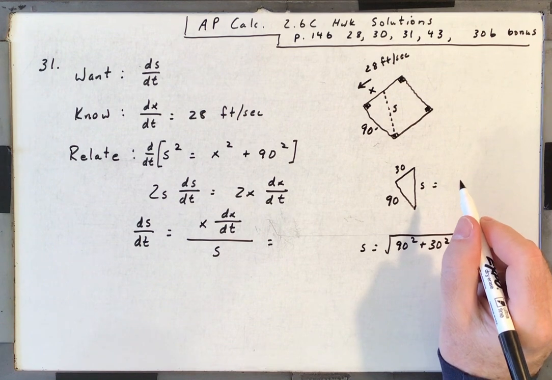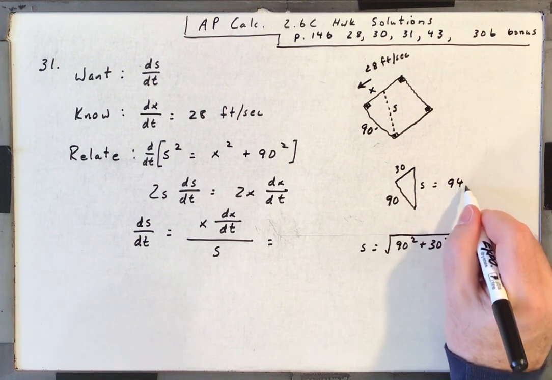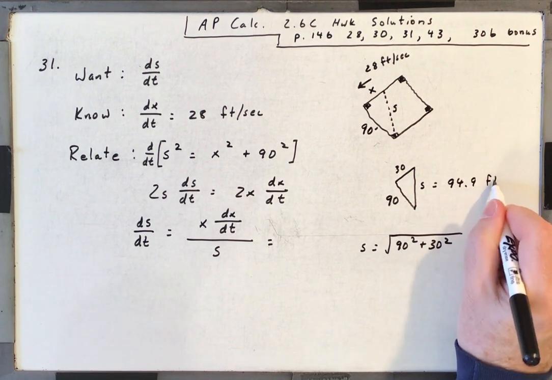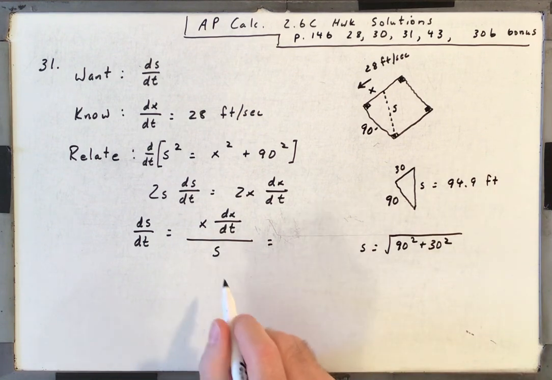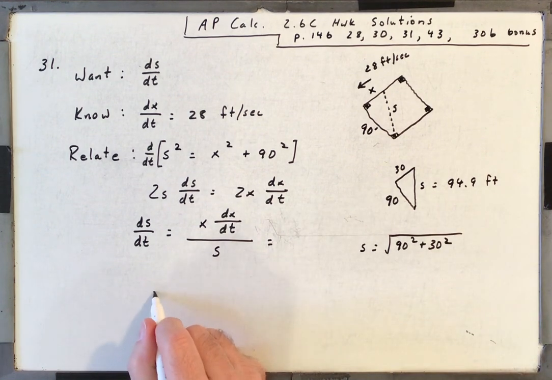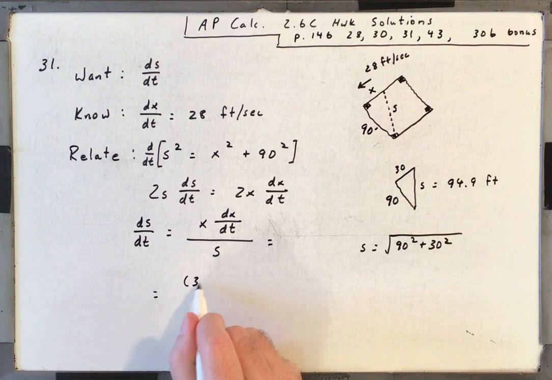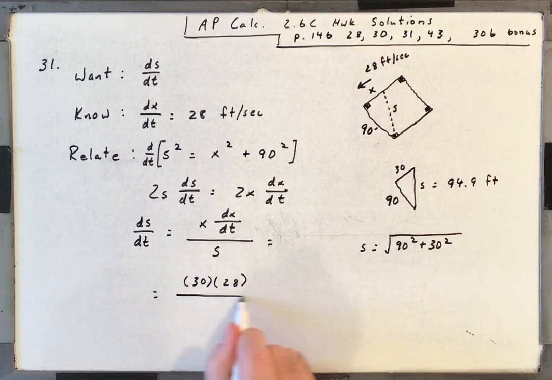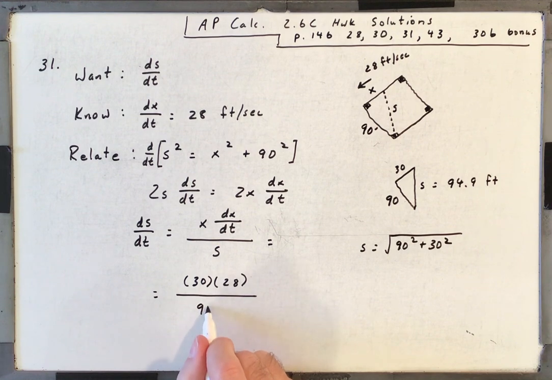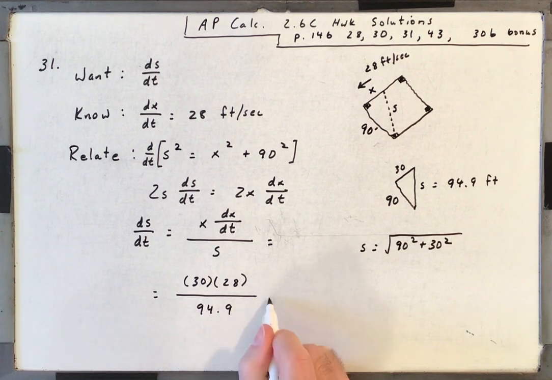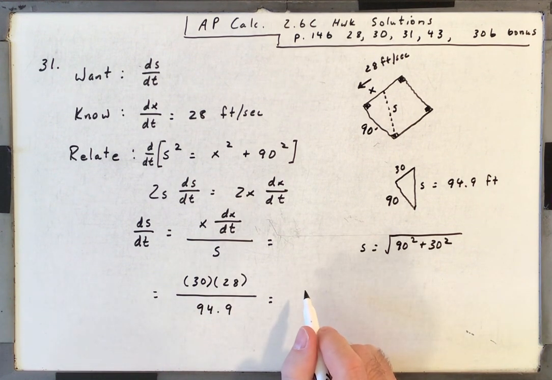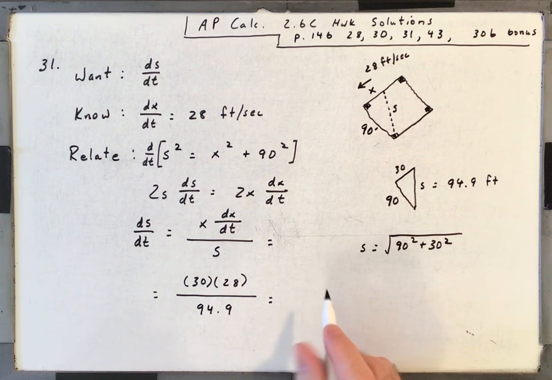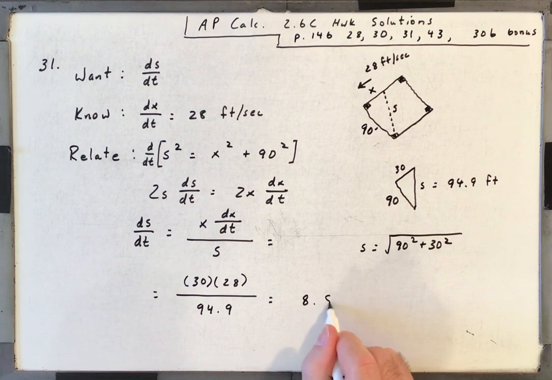All right, so when you put that in your calculator, you get 94.9 feet. Okay, so ds/dt would be 30 times 28 over 94.9. All right, and that is 8.85 feet per second.